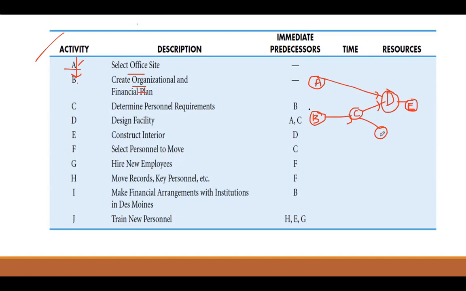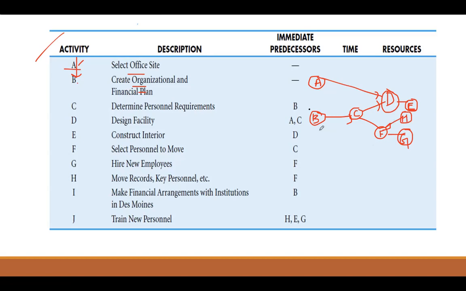And G will start after F. G's predecessor is F, so after F we can start G. Excuse me for the bad drawing. You have to draw it very neatly. Then H will also start after F, right? So suppose I'll draw H here.